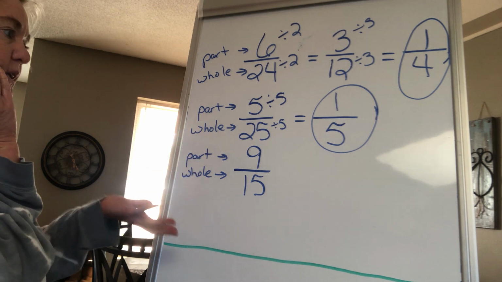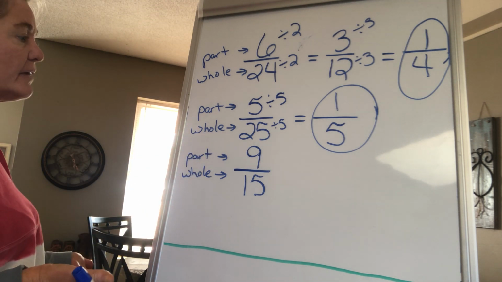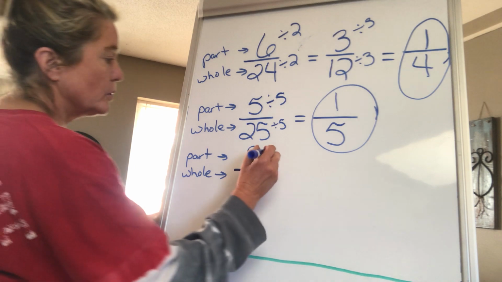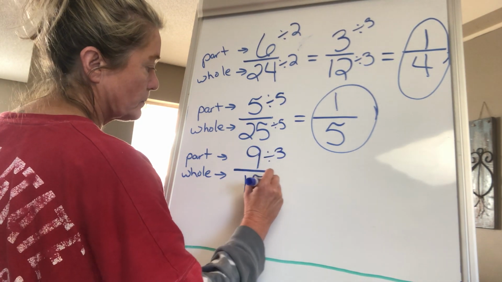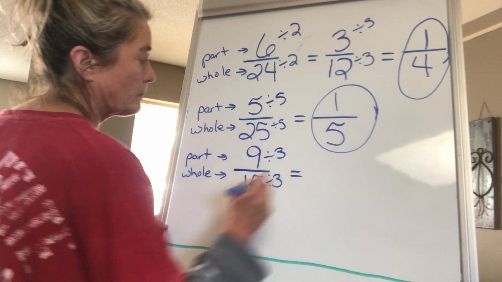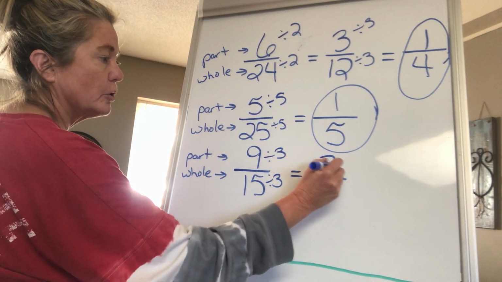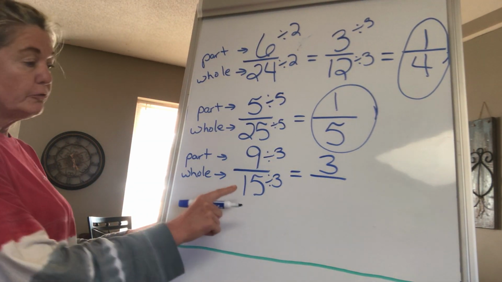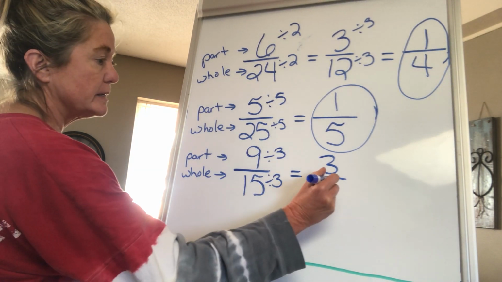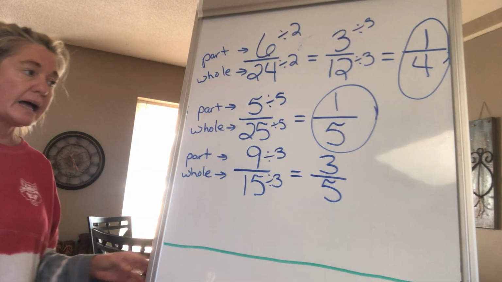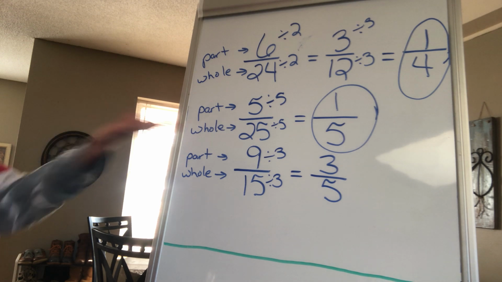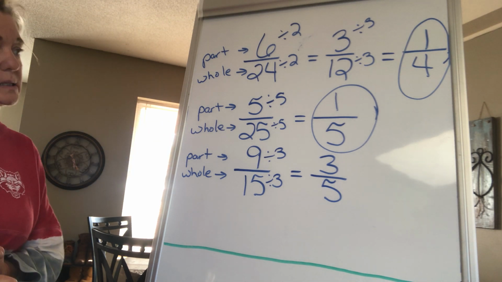And they both don't end in 5, so it's not 5. But let me try something in between. Let's try 3. 9 divided by 3 is 3. 15 divided by 3 is 5. So I've got it simplified once.